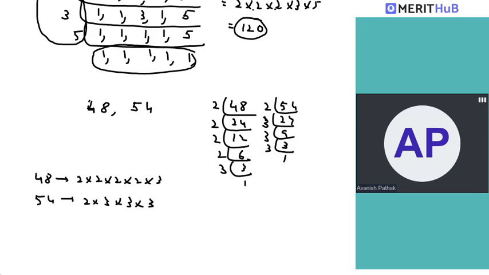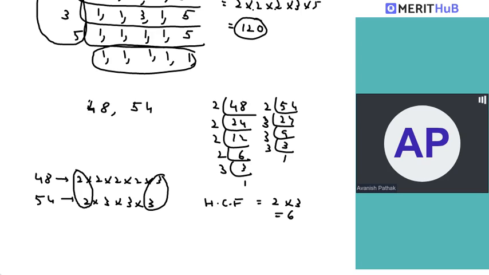Now I'll check how many common pairs there are. One common pair is 2, 2 here, and the other common pair is 3, 3 here. So the highest common factor between 48 and 54 has to be 2 into 3, which is equal to 6. So that's the answer for the HCF and the LCM part of it.